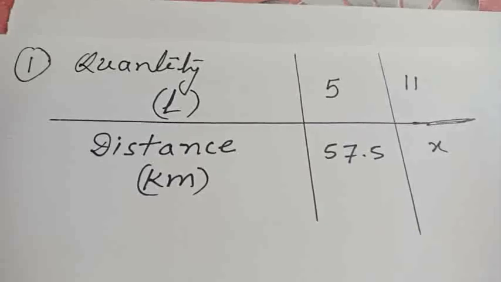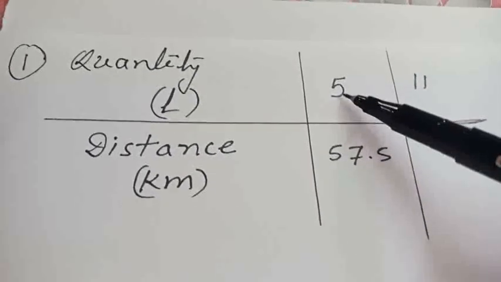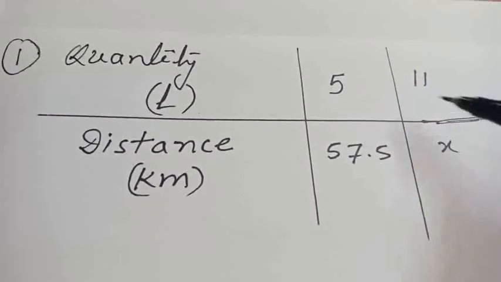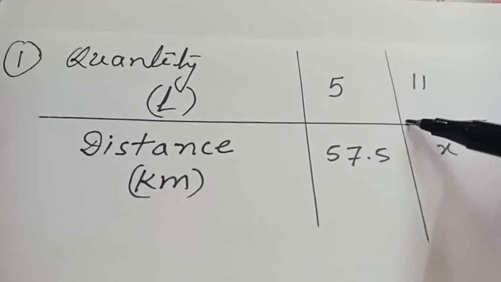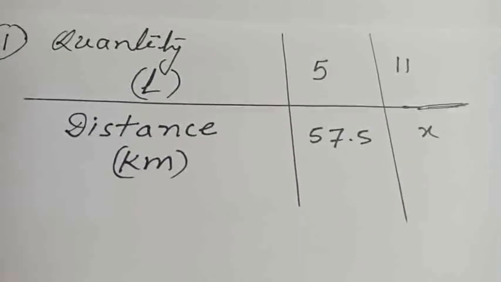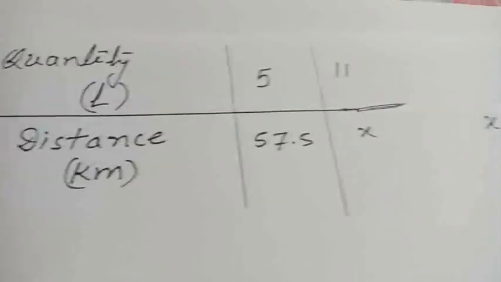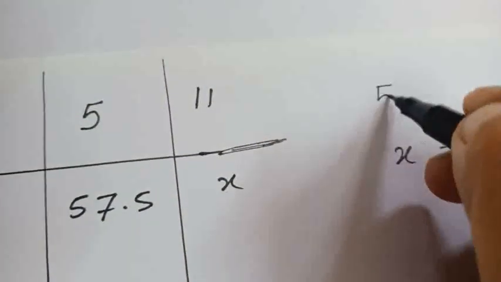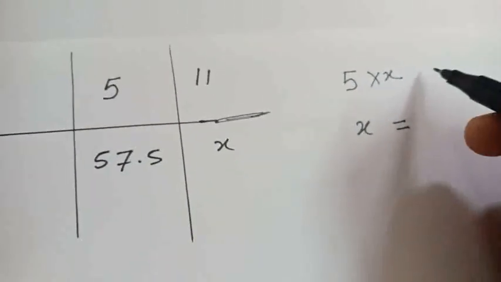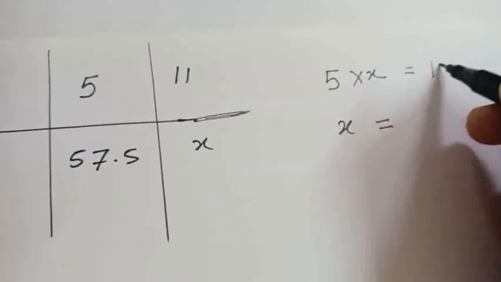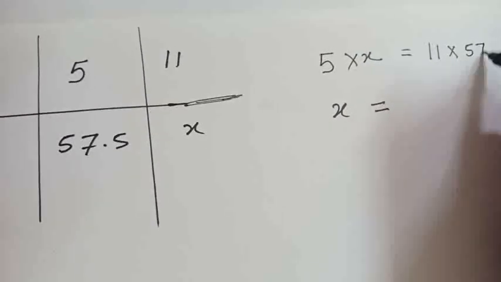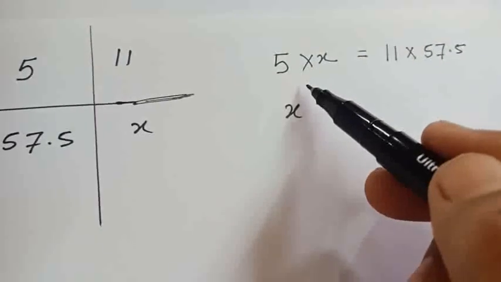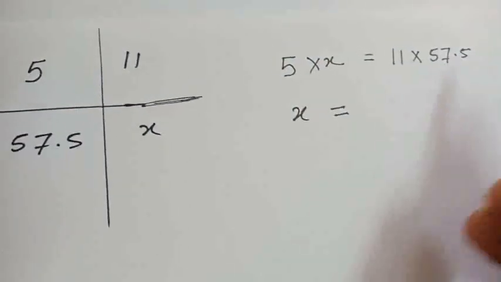For direct variation, what we do is we will cross multiply like this. So this 5 will be multiplied to this x and this 57.5 will be multiplied to this 11. So we will write 5 into x is equals to 11 into 57.5. And then whatever is written with x, we will send it down.